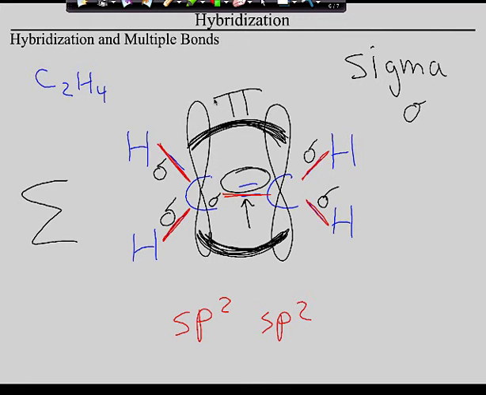And a pi bond is created by unhybridized p orbital overlap. So the bottom line then is this. If you've got a single bond, that will be a sigma bond. If you've got a double bond, that is a sigma bond and a pi bond. If you've got a triple bond, that is a sigma bond and two pi bonds. And we'll look at that in just a minute.